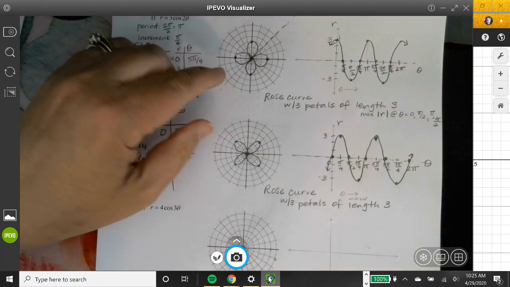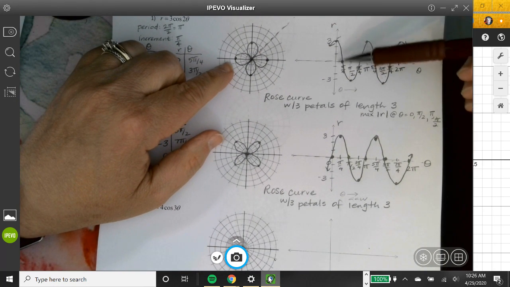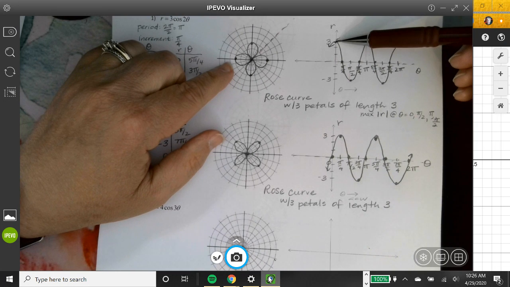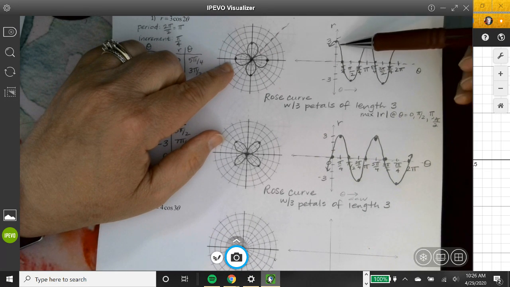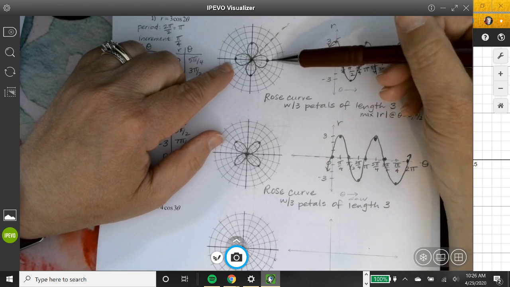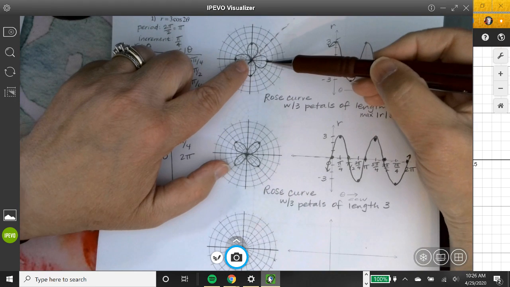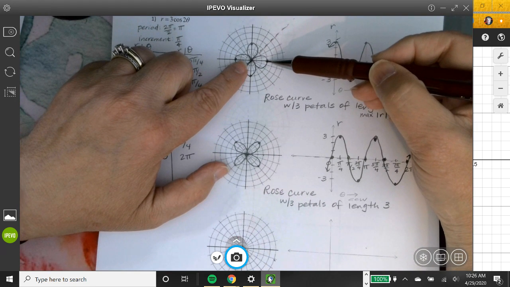Now, what's the difference? Do you notice that cosine starts off the midline and up in amplitude? Well, this curve, when we first drew it, started off the pole, right? Because this right here is r equals 0. This is the pole. So this started off the pole and to the right.